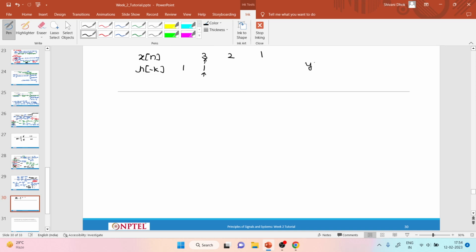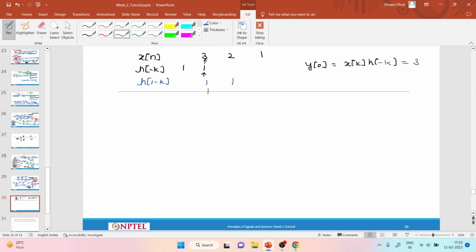The first thing that I'll find is y of 0, which is the summation of x of k multiplied by h of n minus k. Since there is only one value being overlapped, the summation reduces to only one value, that is h of minus k, which is equal to 3. If I do h of 1 minus k, I'll shift these by 1 point.